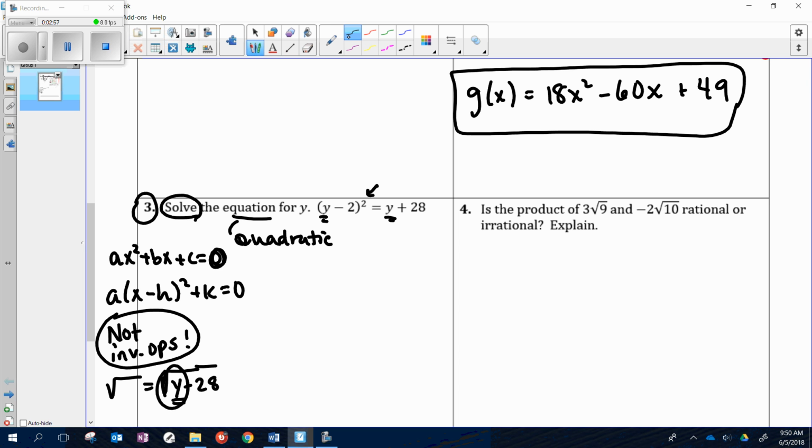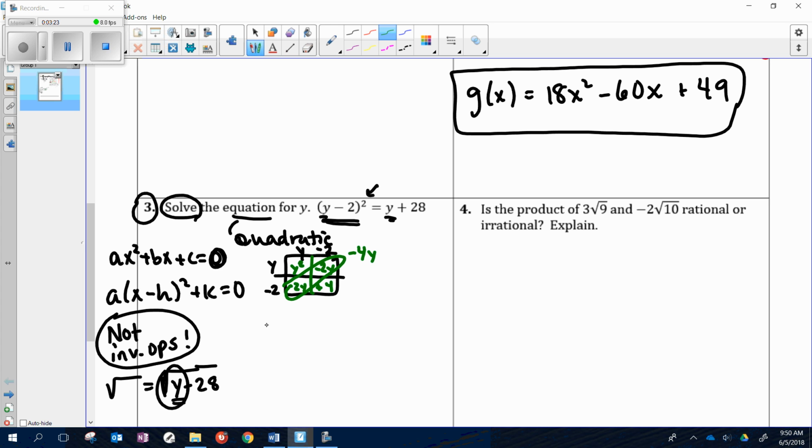Instead, I am going to multiply out my y minus 2 times y minus 2. In the 4 boxes, I have y squared minus 2y minus 2y positive 4. These two combine to give me a minus 4y.